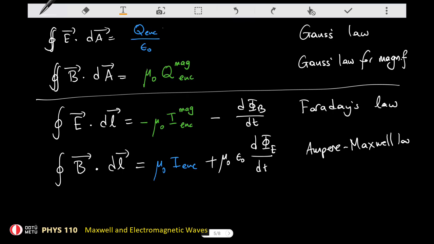In that case, the equations become completely symmetric. There are plus and minus sign differences in here, but it appears that these are also consistent mathematically. There's no problem in here.